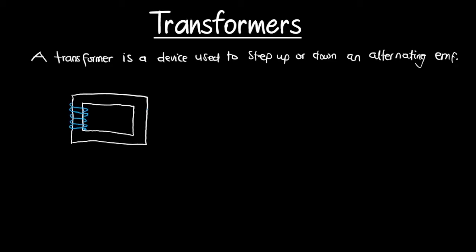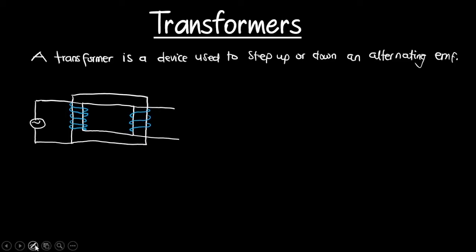Then over here too, we have another set of coils. And then over here we have the source of our alternating current, connected over here. Then we label this part. So basically, it's just the iron core, these two coils, and then a source of alternating current attached over here.